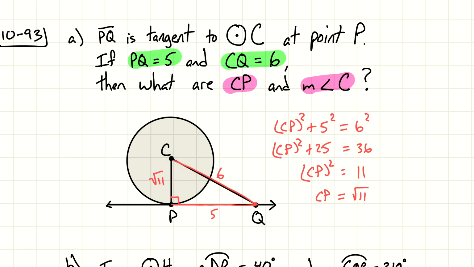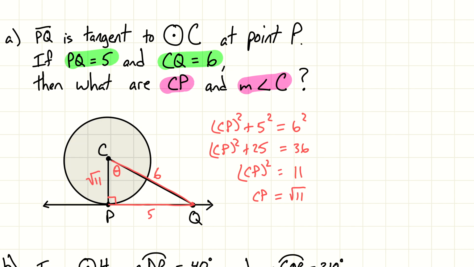We want to figure out how to find that measurement. Well, since this is a right triangle, technically we could use inverse trig. So if I say this is theta, then maybe this is opposite, so we're going to use sine of theta is equal to 5 over 6, which means our angle must be the inverse sine of 5 over 6.